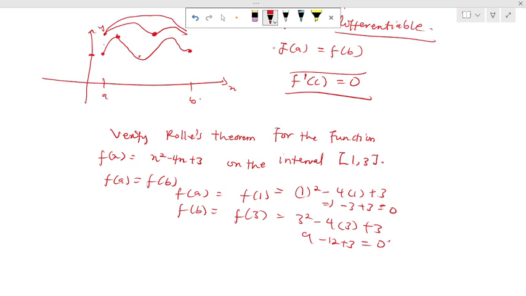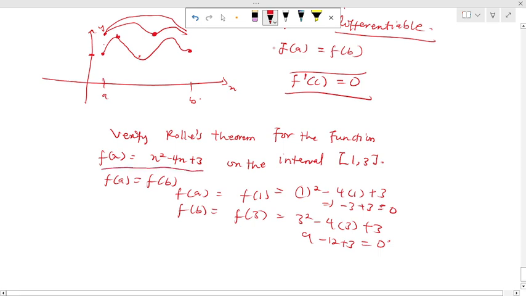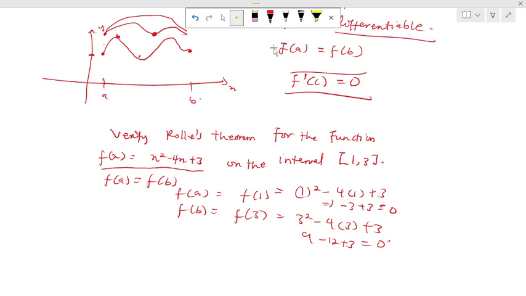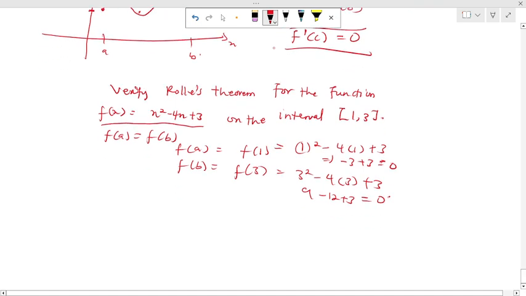Now, for continuity, once you have a polynomial, there won't be any point that will make this function discontinuous. And this function can also be differentiated. So Rolle's theorem can be satisfied. Then we need to find c, so that f prime of c is equal to 0.